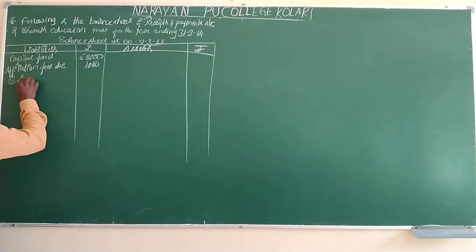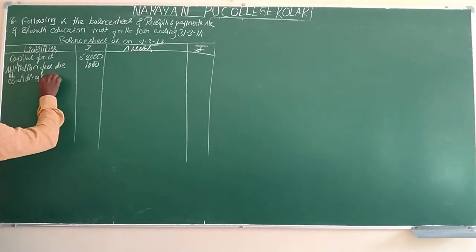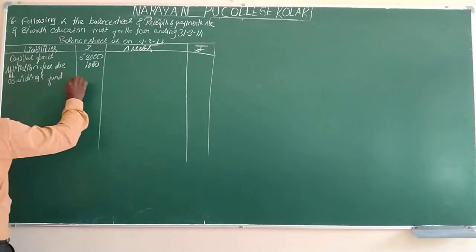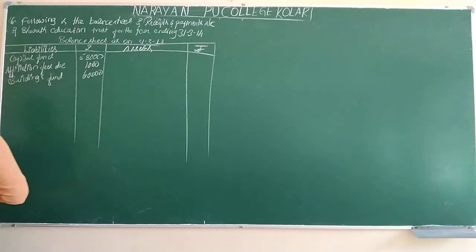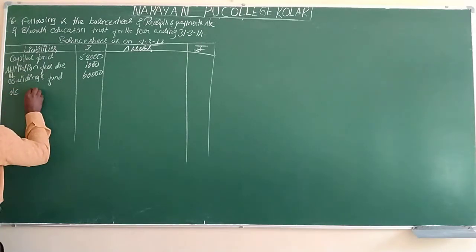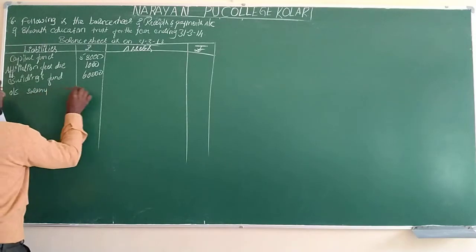Buildings fund 60,000. Next, outstanding salary 3,000.